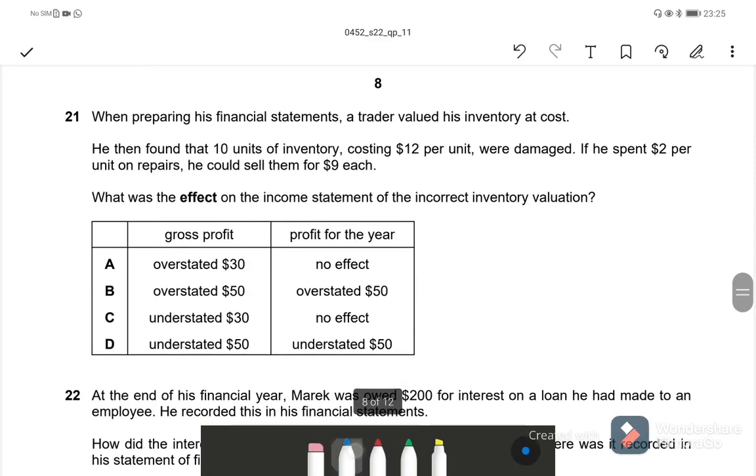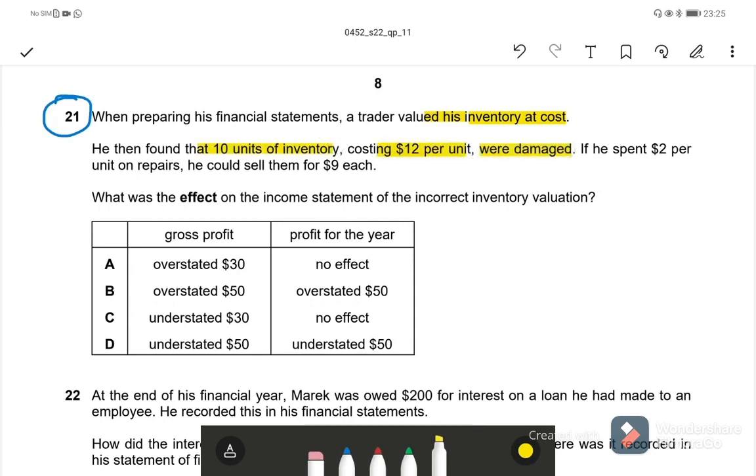21. When preparing his financial statements, a trader valued his inventory at cost. He then found 10 units of inventory, cost is 12 per unit, were damaged.